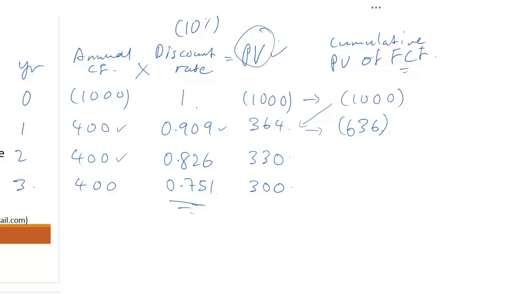So negative 636 plus 330 would give you a result of negative 306. Okay, going on to one more year. Observe. Negative 306 plus 300, what happens? Negative 6. Now this is the reason why I wanted to do 3 years.